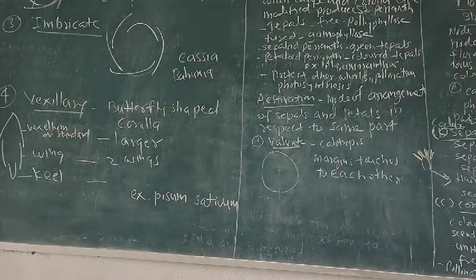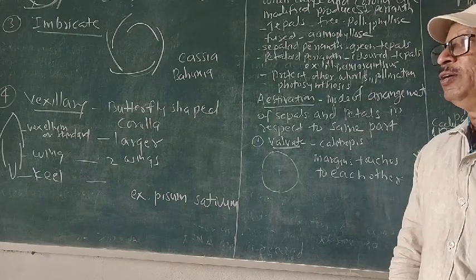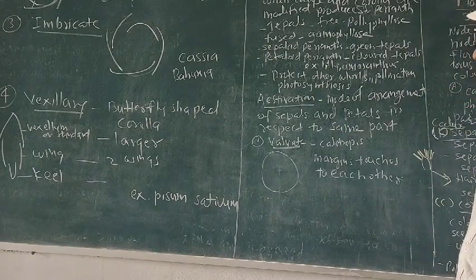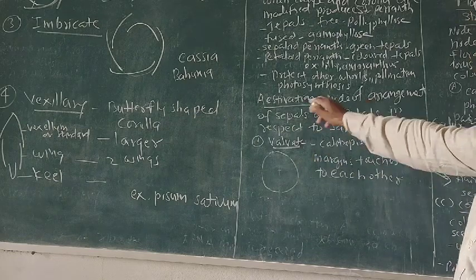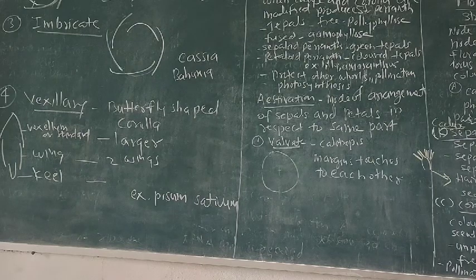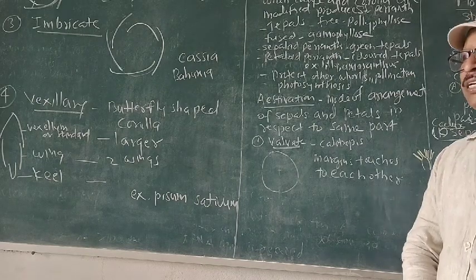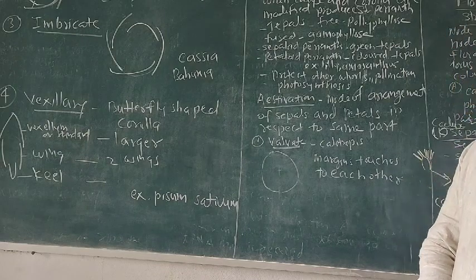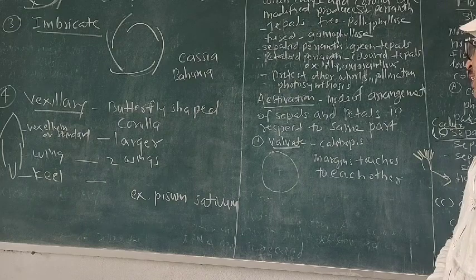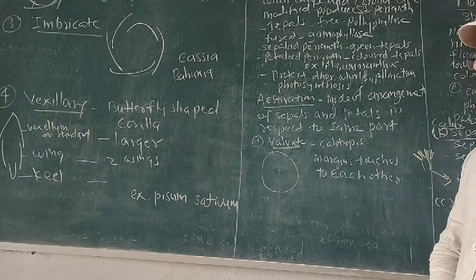Now here we have to study another topic which is related to calyx and corolla. What is this? That is the aestivation, A-E-S-T-I-V-A-T-I-O-N. What is aestivation? The mode of arrangement of sepals and petals in respect to the other parts.